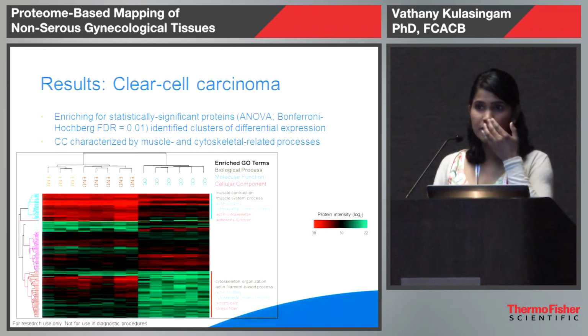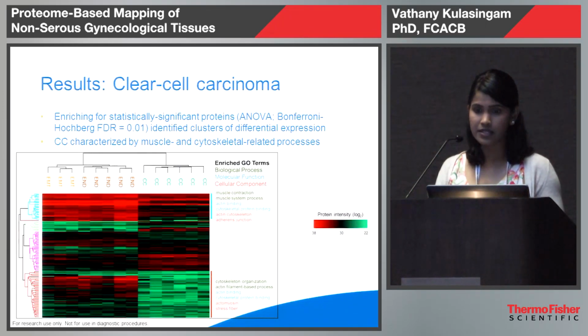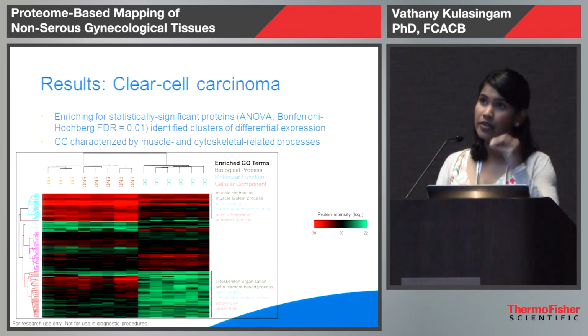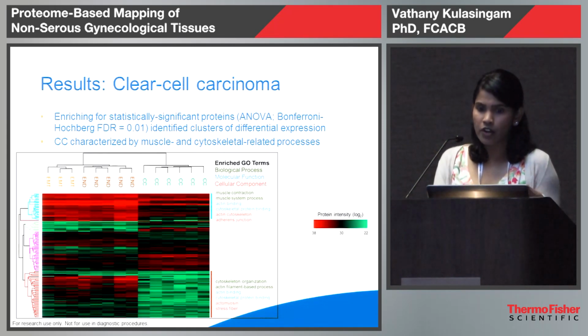And so then we decided to look further into this and try to see within the clear cell carcinoma proteome, what are the pathways that are actually enriched, and can this help us identify more information about its pathogenesis.